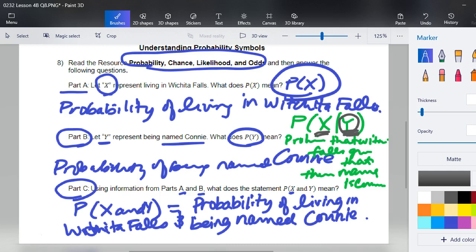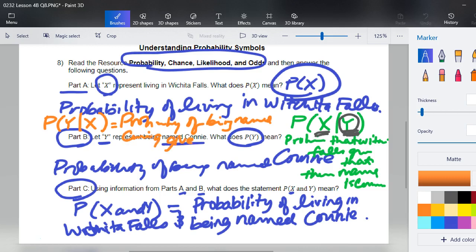And so we can turn this around, and I'd like to go ahead and do that just to hear these words one more time. If we write it like this, what's the probability of being named Connie, given that you live in Wichita Falls.